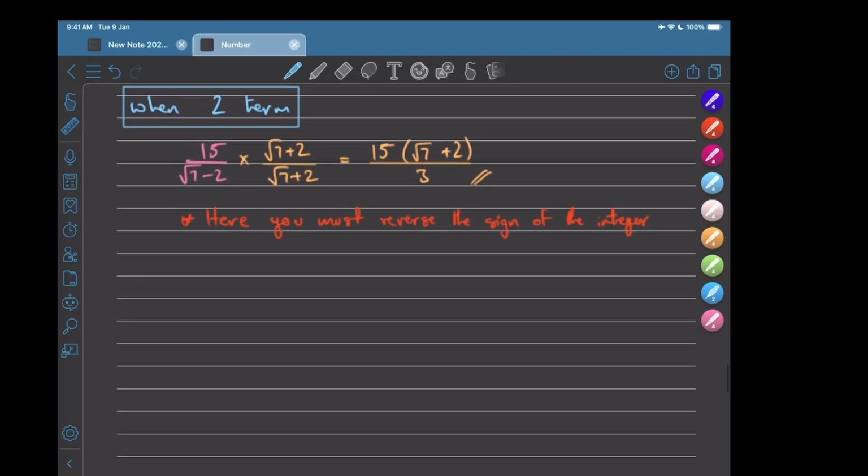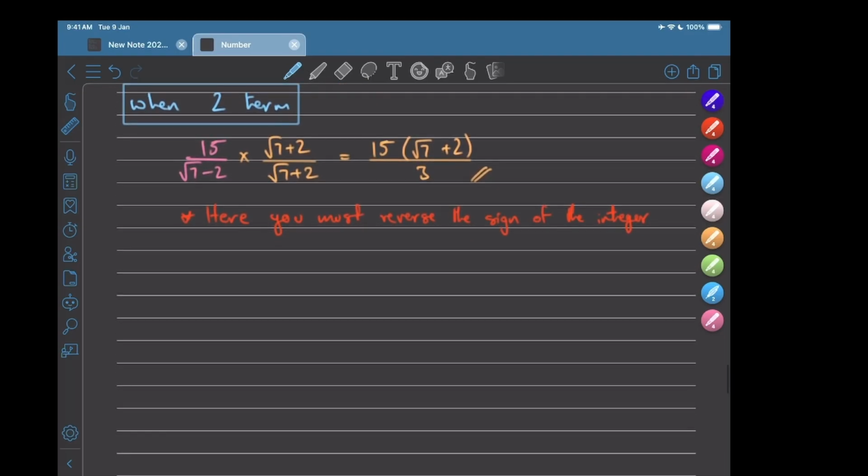But when we have two terms, there is a single thing that you need to remember: you must reverse the sign of the integer. Whatever the integer value has, you need to reverse the sign, not of the under root. The under root can be plus or minus, it's a neutral value, but the integer must reverse its sign. In this case it was a negative, so you make it a positive over here.